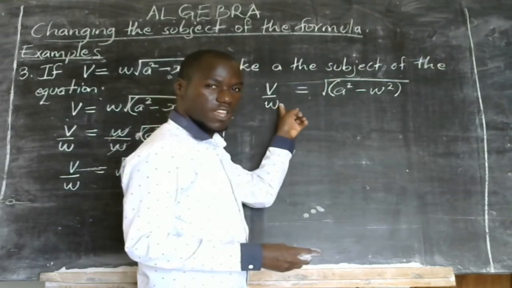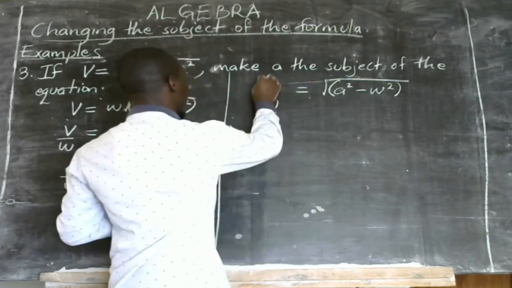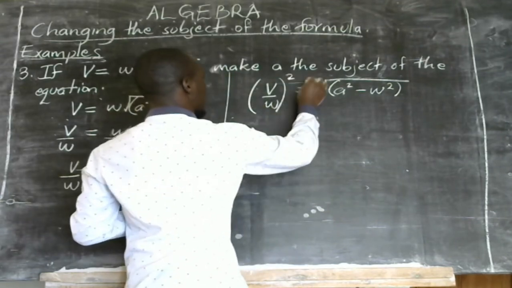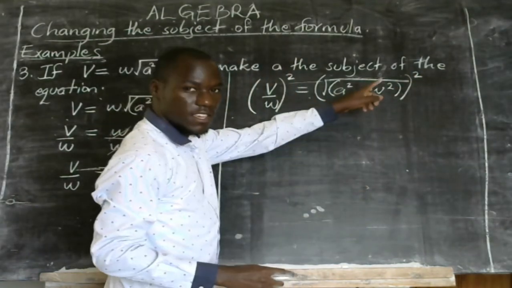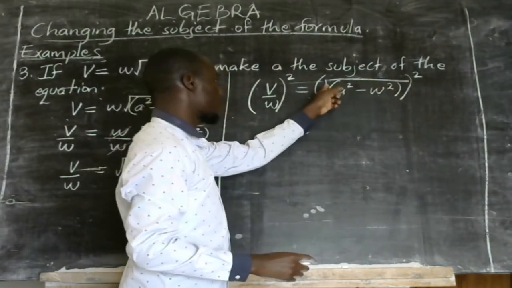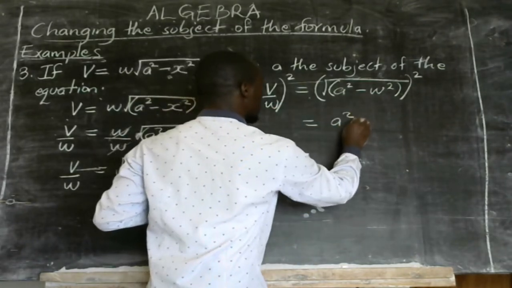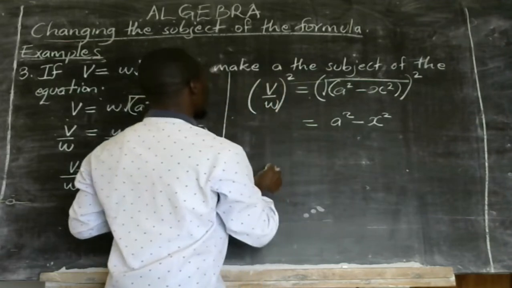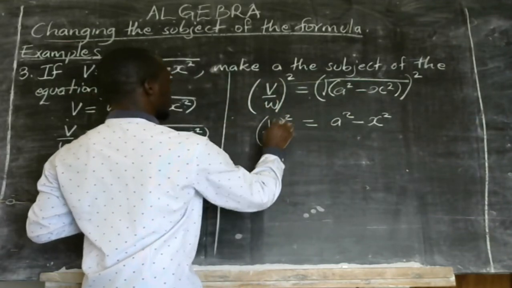Now I'm going to square both sides of my equation, squaring this side and also squaring that side. The square here is going to cancel the square root, then I'll have only a squared minus x squared is equal to v all over w, squared.